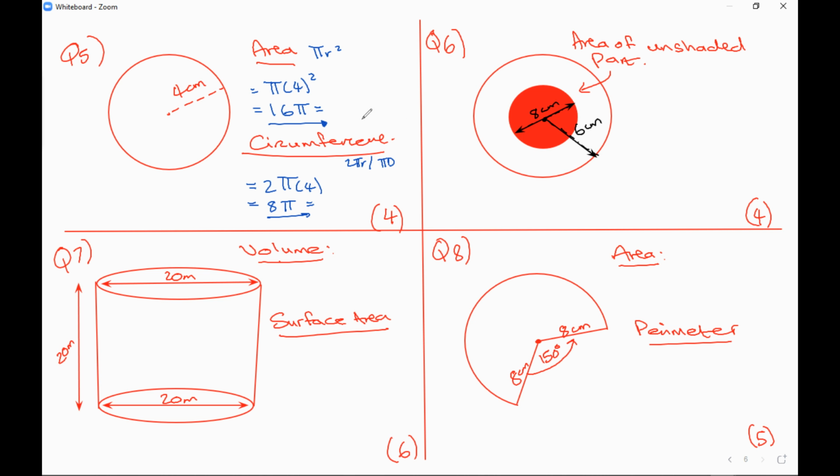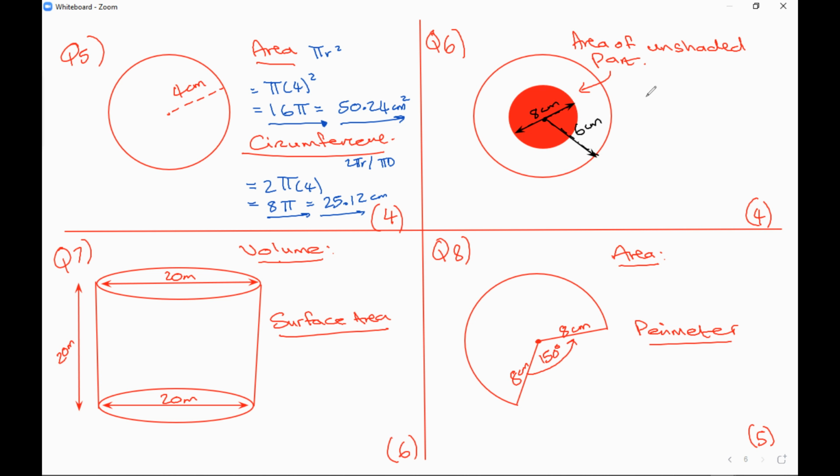We get 50.24 for this one. And don't forget that centimeters squared. Then we got 8 multiplied by 3.14, and that'll become 25.12, and this will be centimeters.